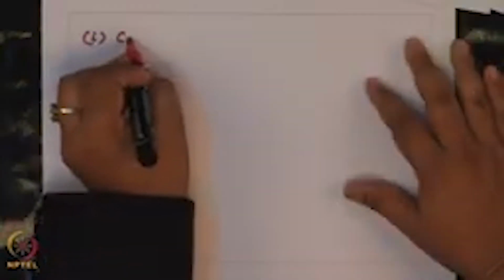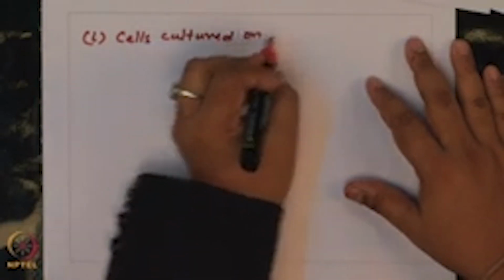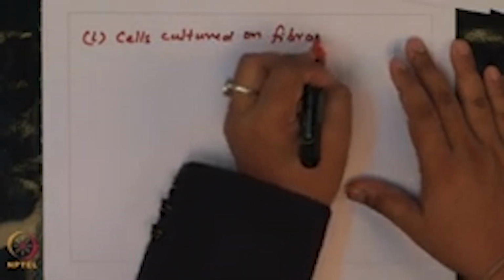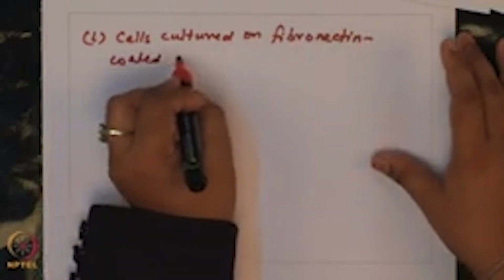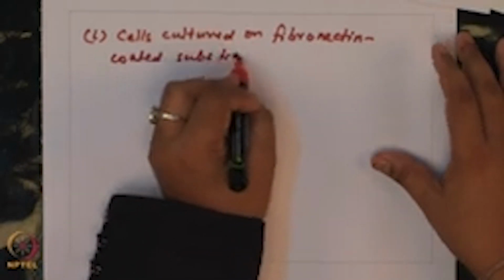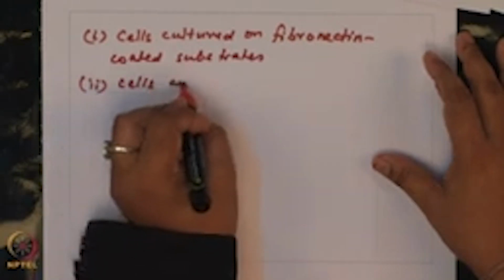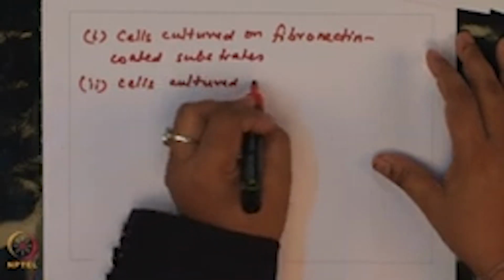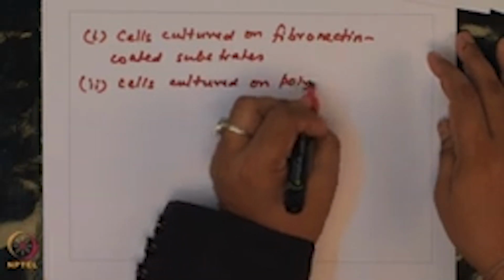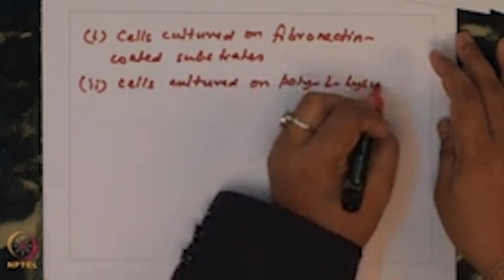Okay. One more point he demonstrated. So, he repeated this experiment, two conditions. One condition was cells cultured on fibronectin coated substrates, and the other condition was cells cultured on polylysine coated substrates.